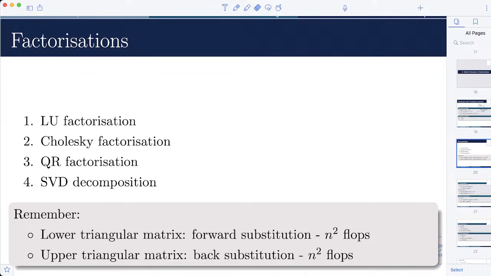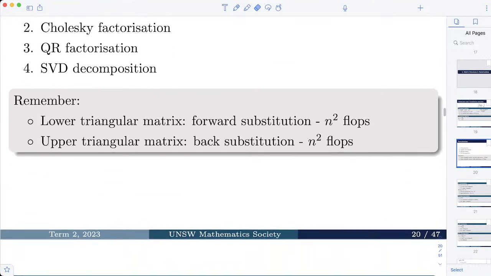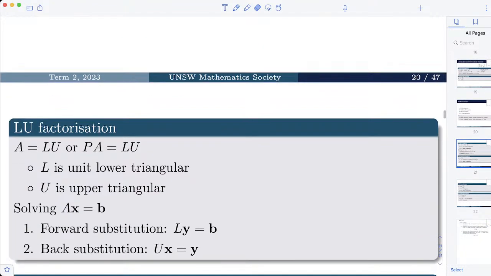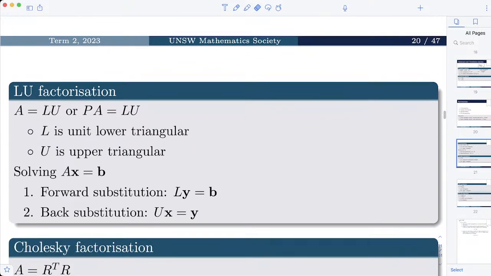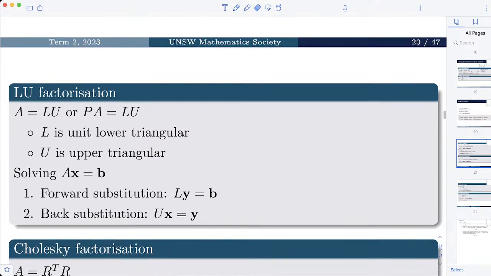So let's quickly remind you of all these factorizations. LU factorization is our computational Gaussian elimination factorization. So what we're doing is decomposing it into LU. L is unit lower triangular, right? And U is the upper triangular matrix. Typically with LU factorization, we're also going to get our permutation matrix.